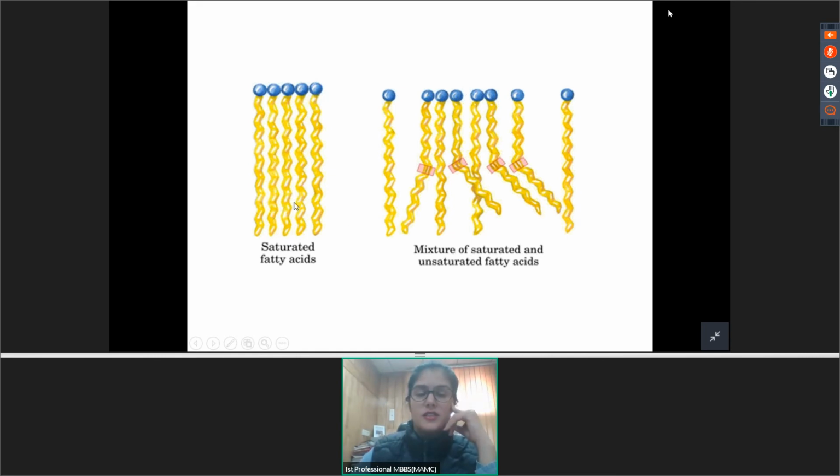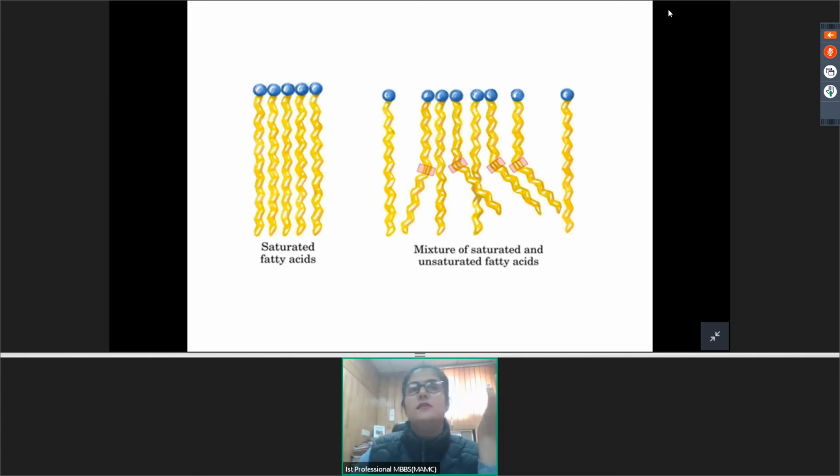This is the liquid ordered state. But when an unsaturated fatty acid is present, there is a kink in the fatty acid chain, and these kinks prevent tight compaction or tight stacking of lipids together, and therefore the liquid disordered state is favored.